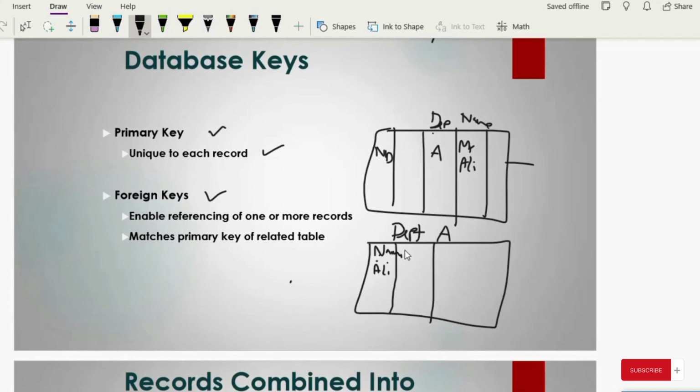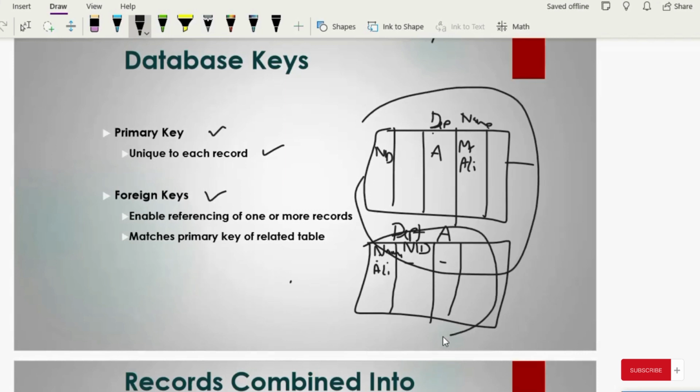His national ID will be here, and his date of joining will be here. Now I want to link my first table with the second table. So what is the common field which is in table 1 and table 2 as well? I cannot say Mr. Ali, because the department could have more than one Ali, right? So I can say national ID is the one by which I can join the two tables together.